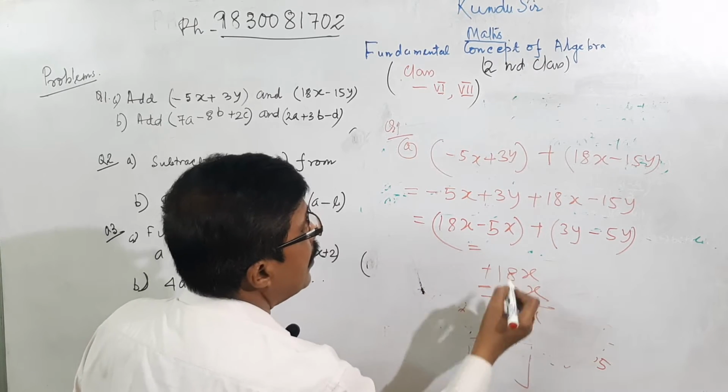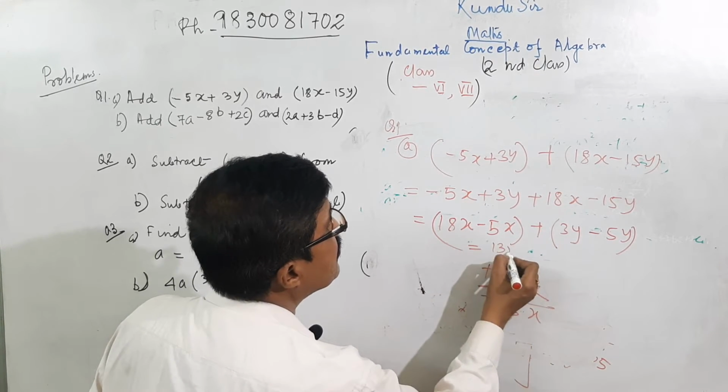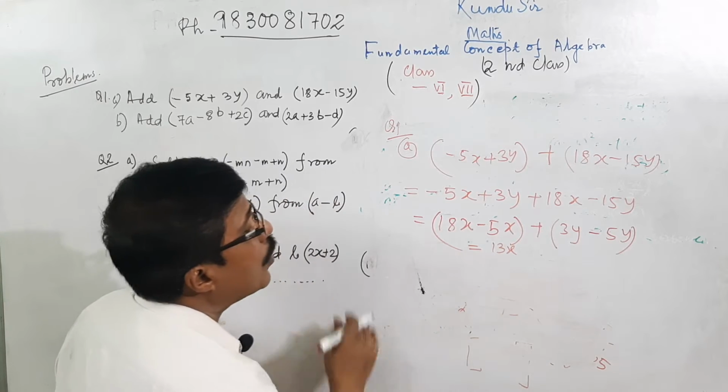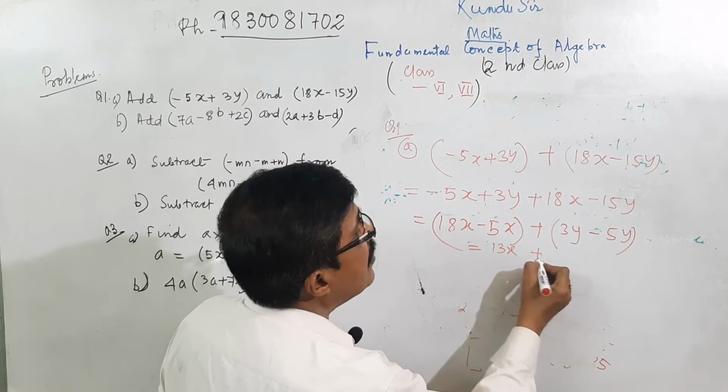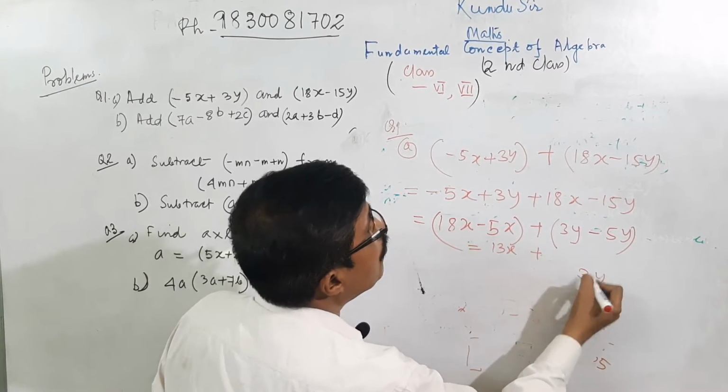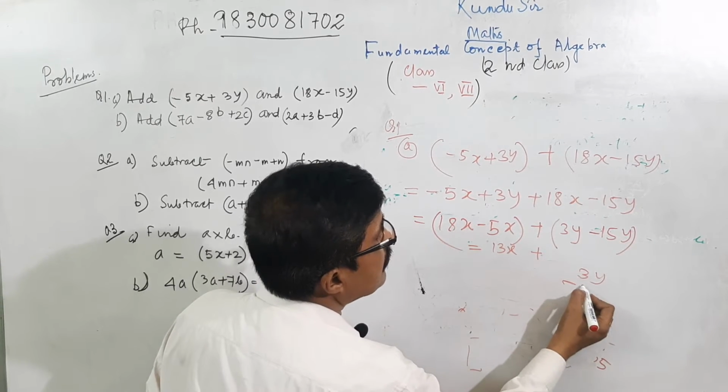So we write here 13x. Now we do plus 3y minus 15y.